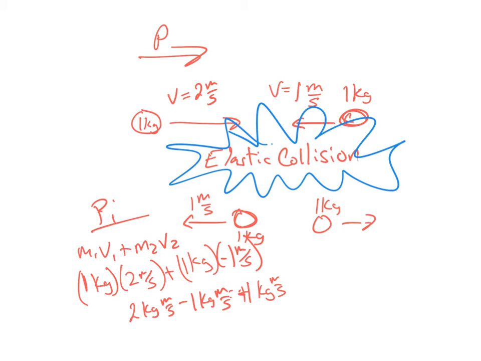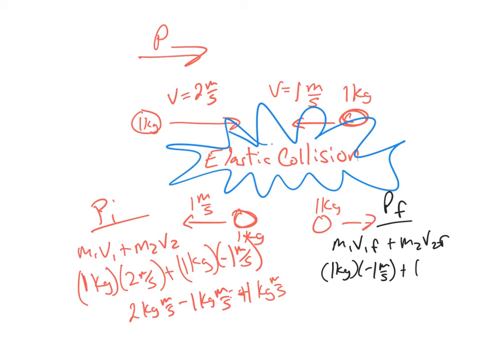So after, so p f, we have m1 v1f plus m2 v2f. So we have 1 kilogram times negative 1 meters per second plus 1 kilogram times v2. So we're trying to solve for v2. So we see that this is negative 1 kilogram meters per second.